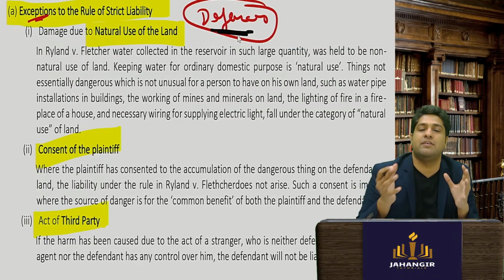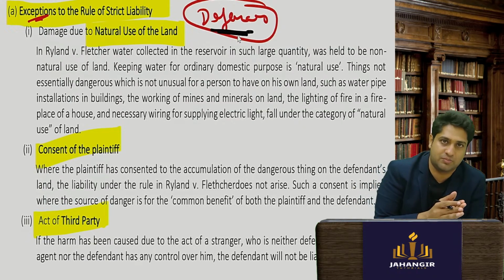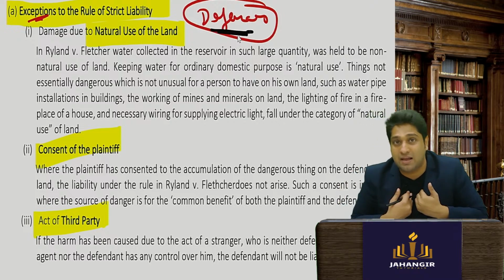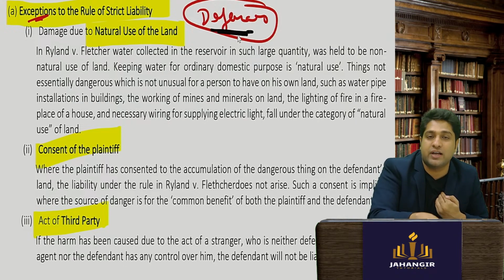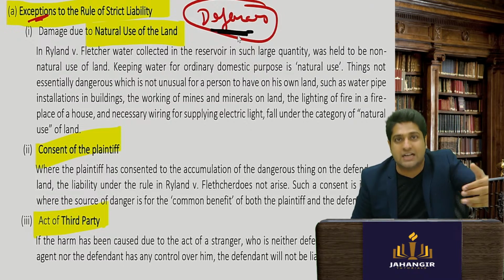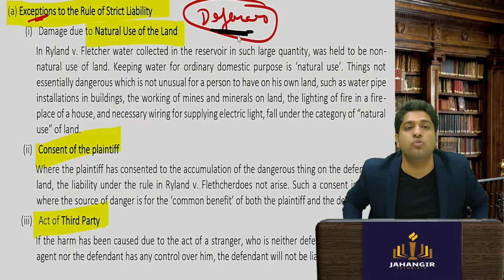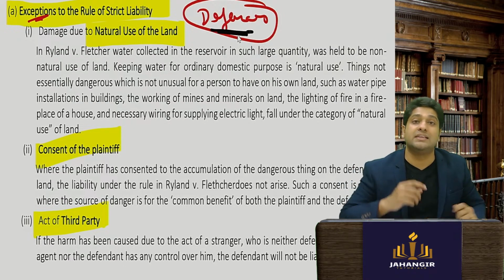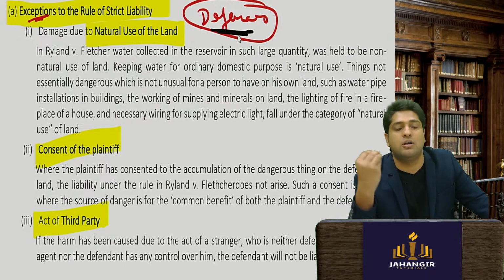If someone has brought a dangerous substance and it escaped and caused loss, I am liable, but I can ask for any of these exceptions and be protected. If I prove to the court that I fall under any of the exceptions, then I will not be liable to pay compensation.